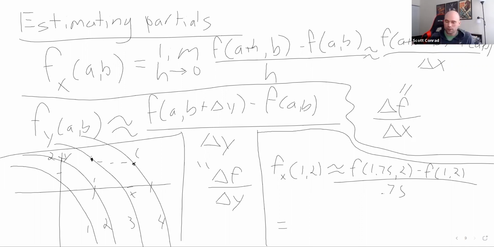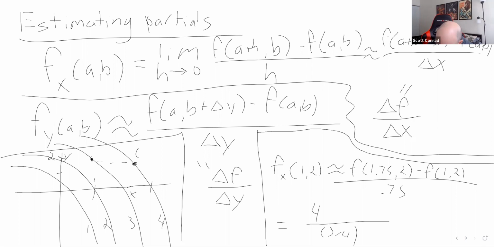So what is the value of our function at 1.75 at this point here? It's 4, right? It lies on the level curve 4, so all points on that curve have function value 4.